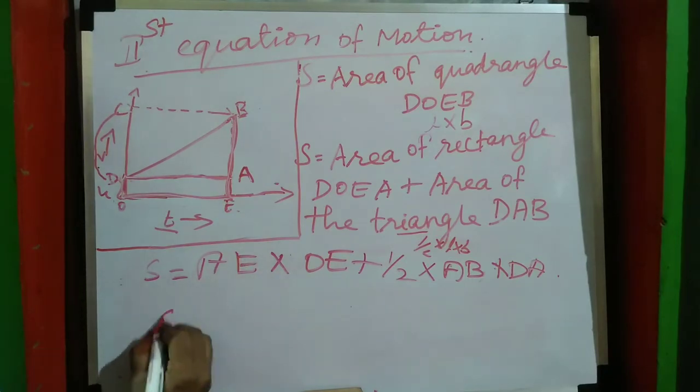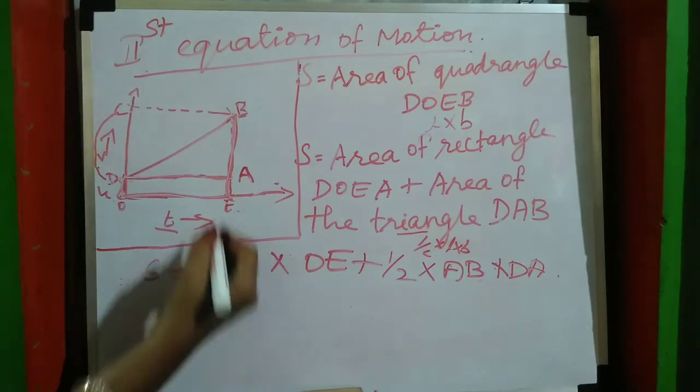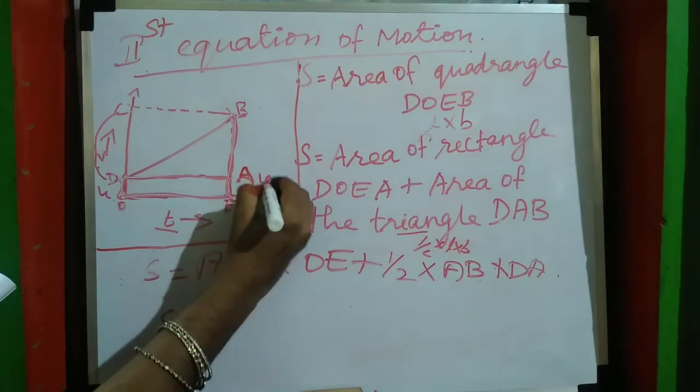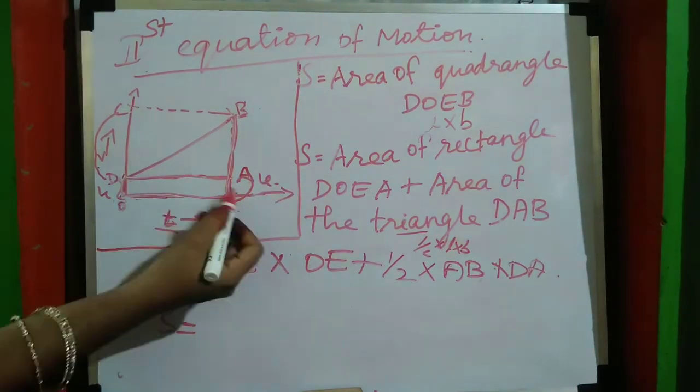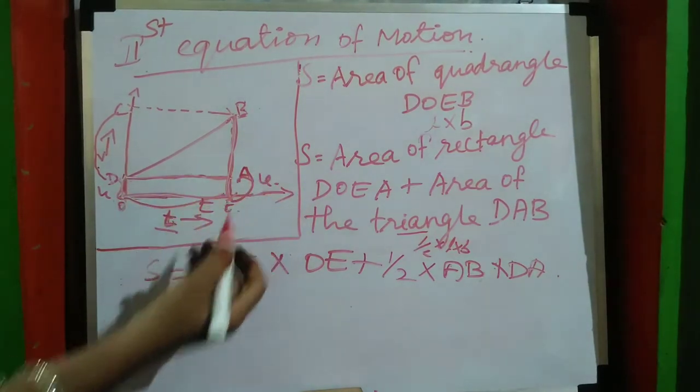The distance S is equal to AE, denoted U, and OE is equal to T.